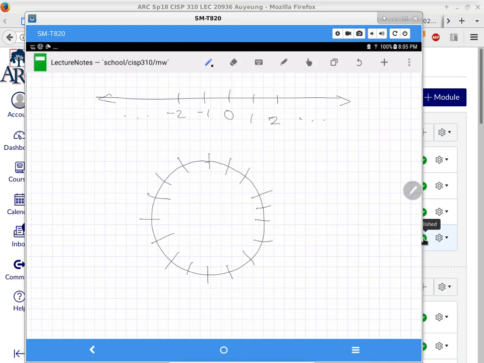Next time I count, I really should write numbers, right? All right, so we'll write numbers. Okay, so this is 0, 1, 2, 3, 4, 5, 6, 7, 8, 9, 10, 11, 12, 13, 14, 15.